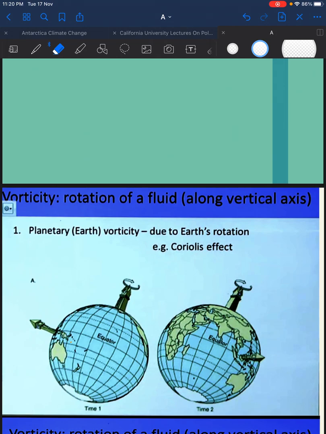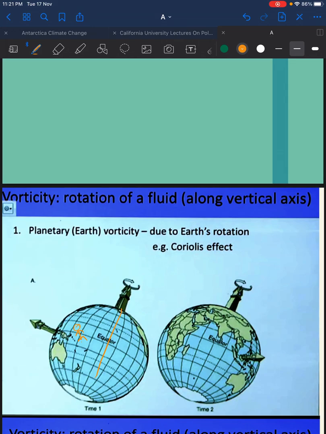Now one more thing: if somebody is standing over here at the equator, in this case there is no rotation along the vertical axis. It is basically rotating across the vertical axis because this person is standing at 90 degrees to the axis of rotation, right?